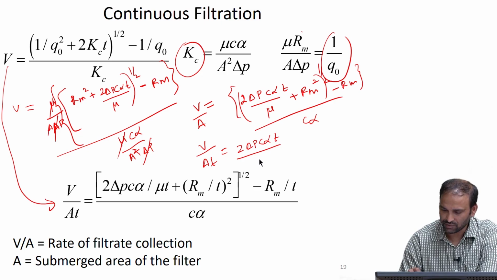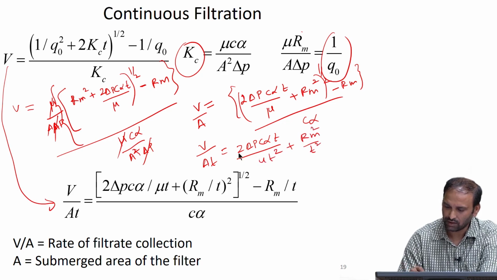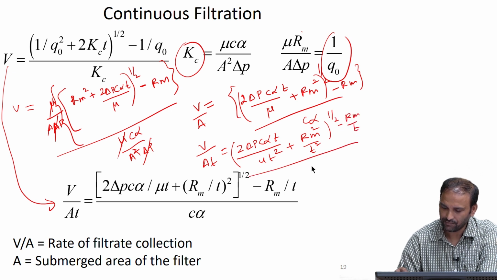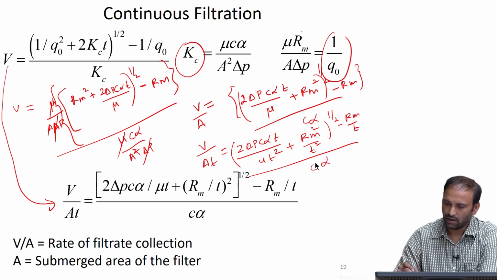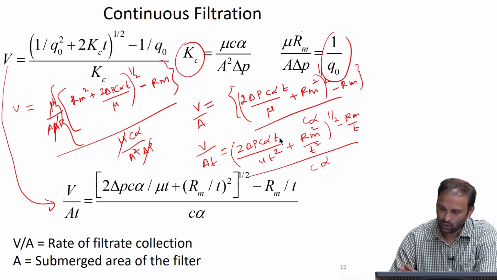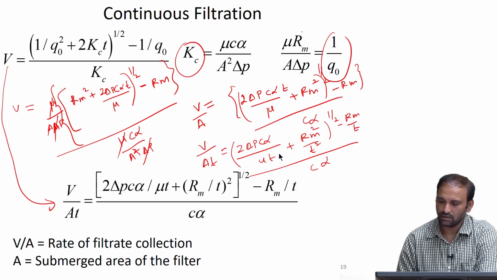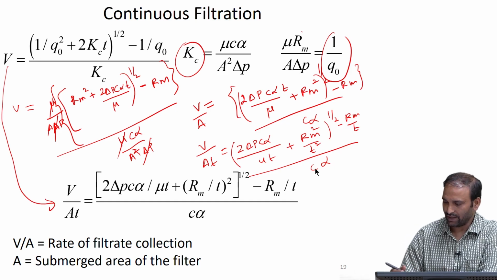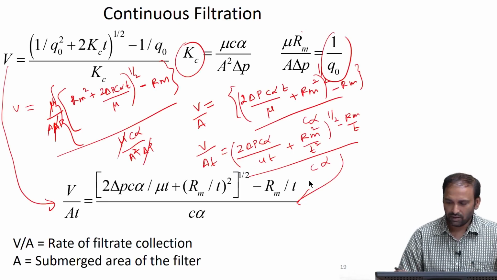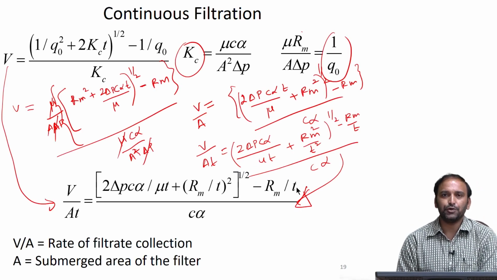So, it becomes mu into t square plus r m by t, square, r m square by t square, to the power of half, minus r m divided by t, whole divided by c times alpha, right, and one t gets cancelled here. So, I have this. Essentially that is what you end up with, right. So, that is this expression.